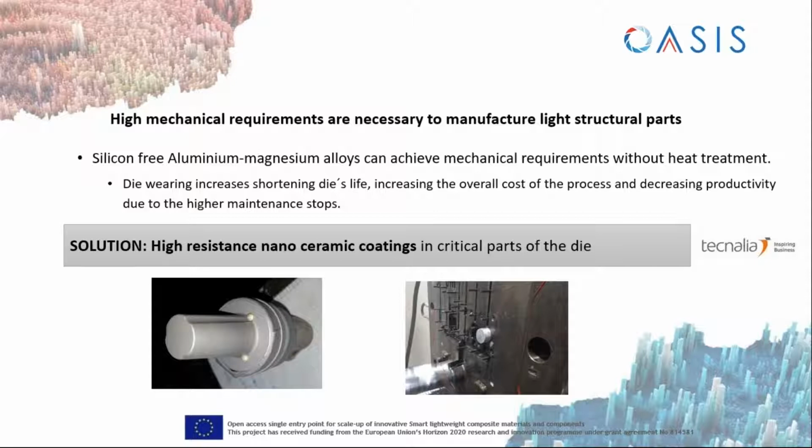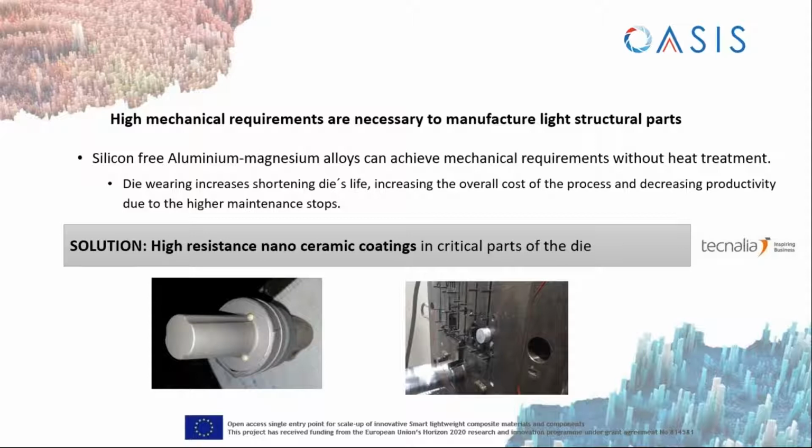As I mentioned, here you can see technology by Tecnalia. On the bottom right, you can see a high pressure die casting tool. Such kind of tools are used for high volume production of aluminium parts. And a tool, let's say, has a lifetime of 120,000 so-called shots. So you can use this tool 100,000 times.